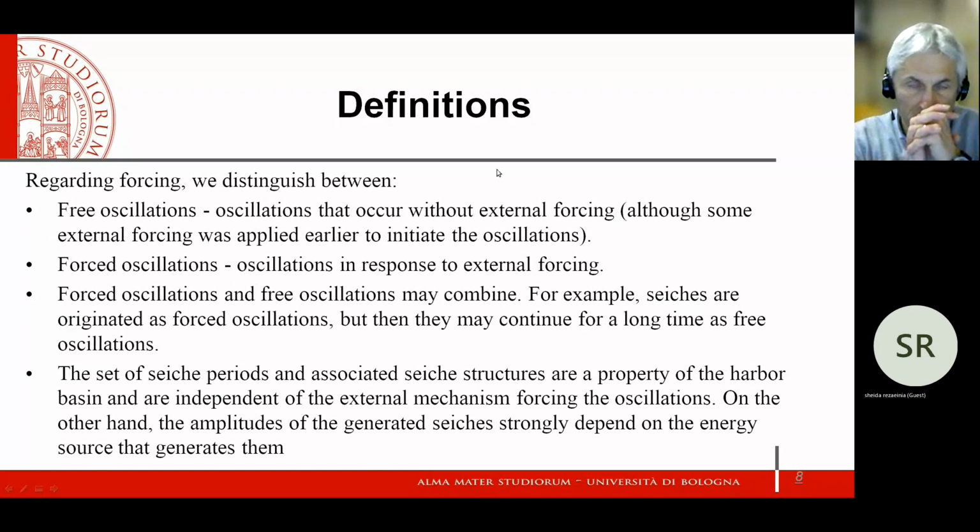Regarding the forcing, we distinguish between, first, free oscillations, oscillations that occur without external forcing, although some external forcing was applied earlier to initiate the oscillations.